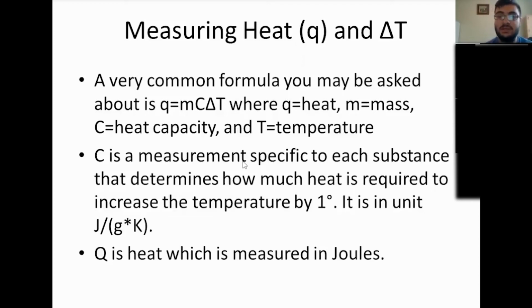If it's specific heat capacity, they may ask for a different quantity in the passage. But in this sense, heat capacity is only in joules per gram Kelvin. Again, it might be Celsius, for example. They may give you joules per gram per Celsius. It doesn't matter, kilojoules per kilogram or whatever, but essentially it's the same thing.